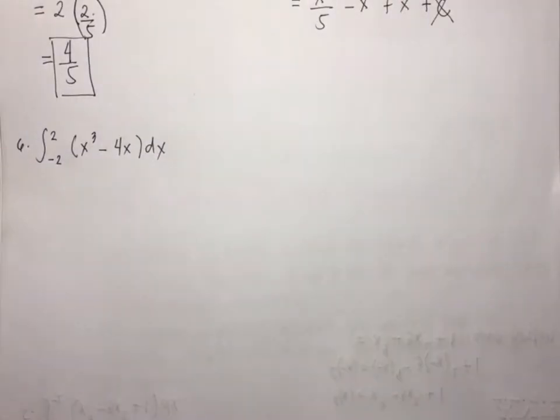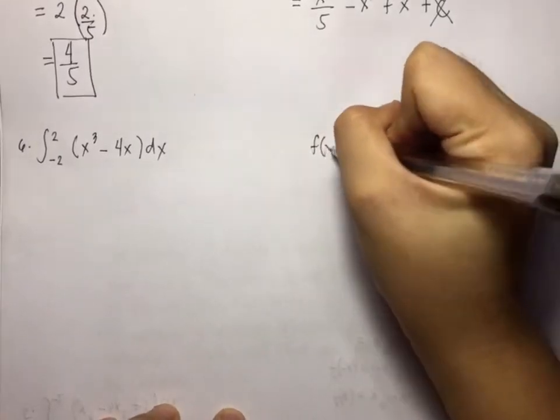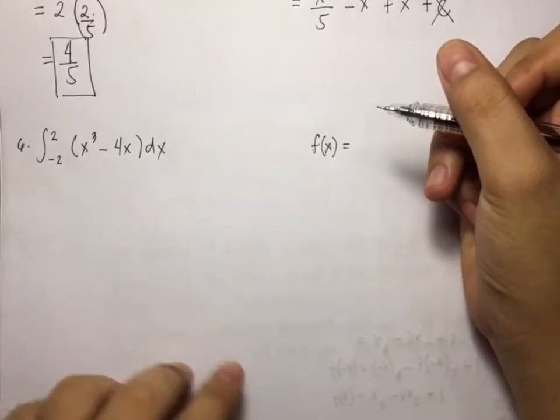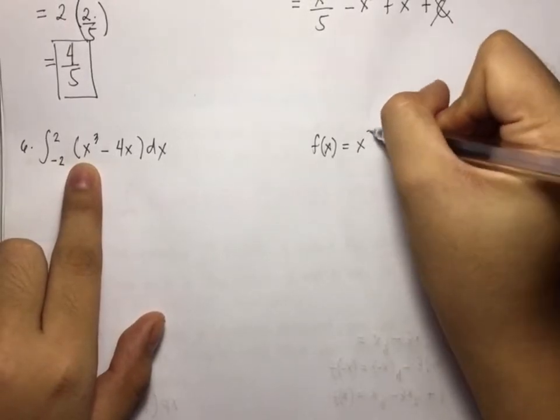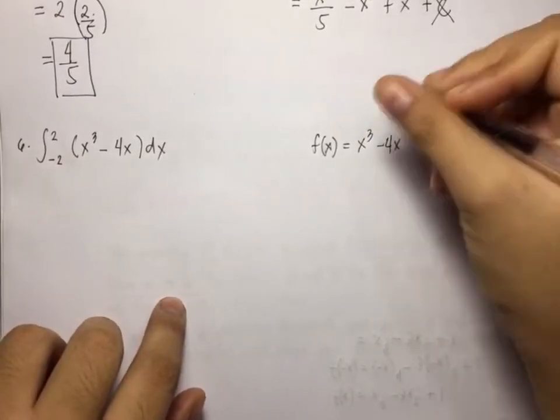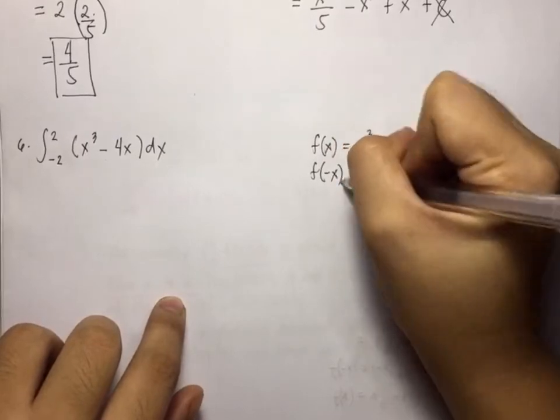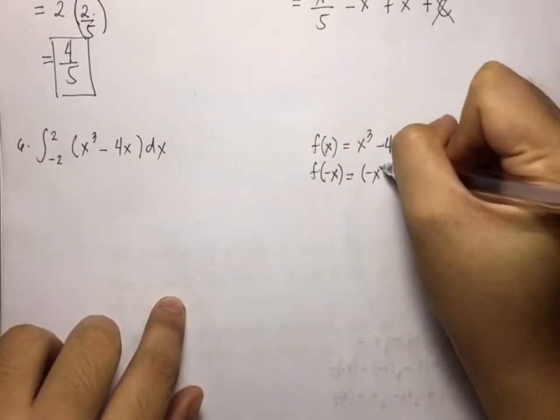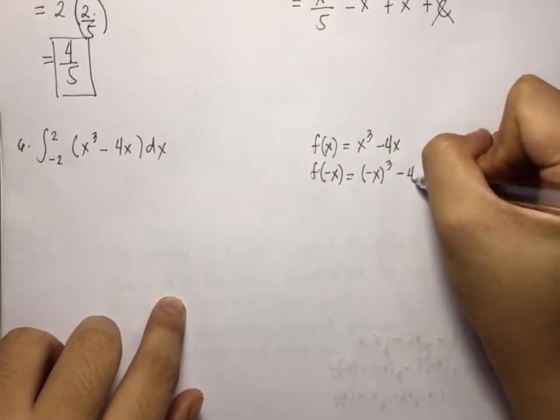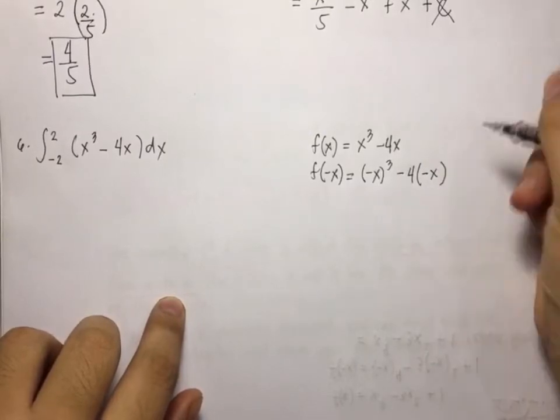So to determine if the given function is odd or even, we replace x with negative x. So our function is x cubed minus 4x. Replace x with negative x. So negative x raised to 3 minus 4 times negative x.